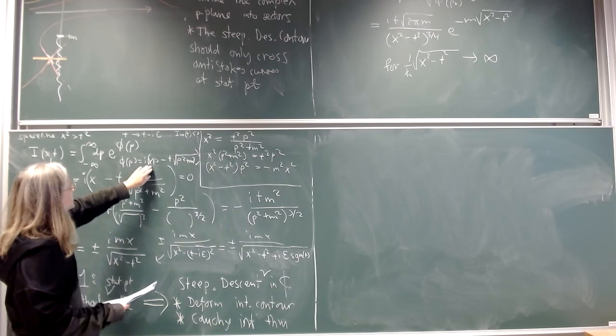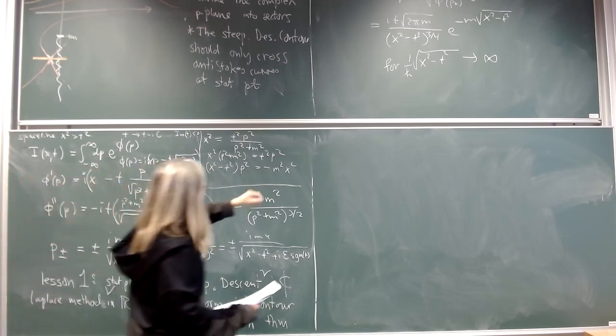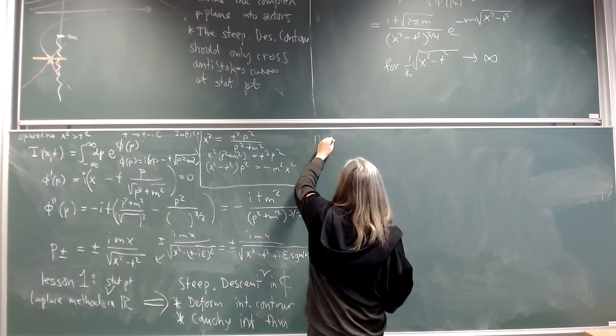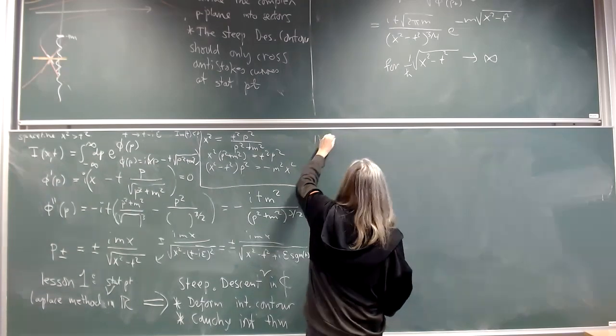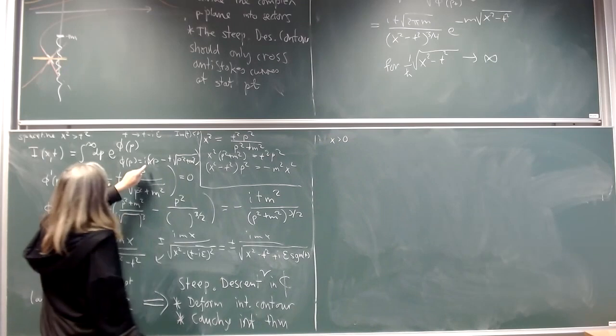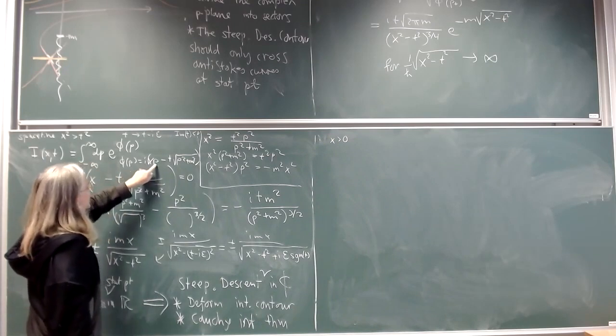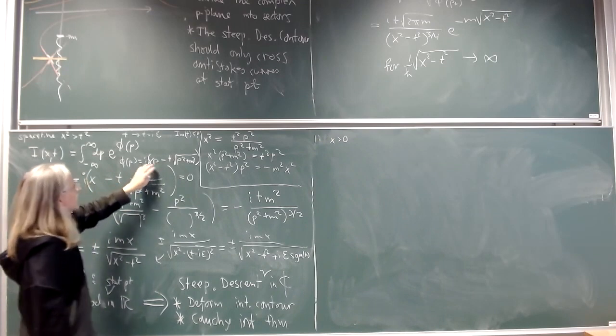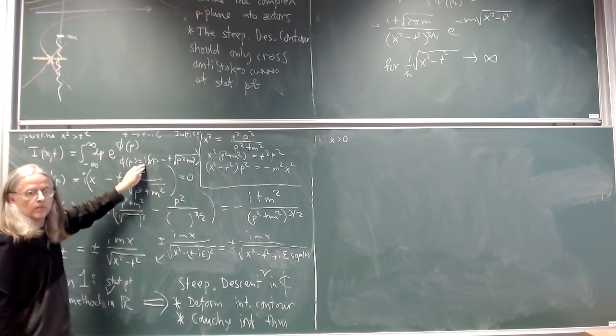So when the real part of x is bigger than 0, then we could let p go to the positive imaginary part, because then it will become convergent.